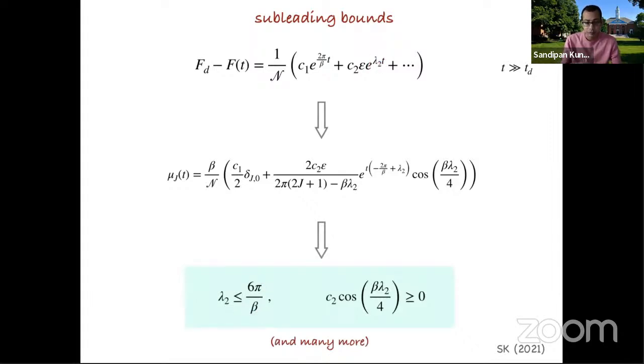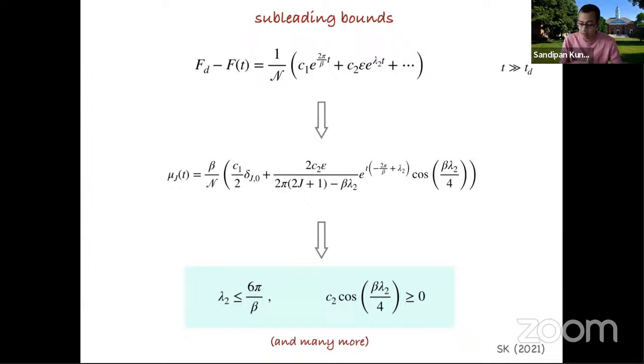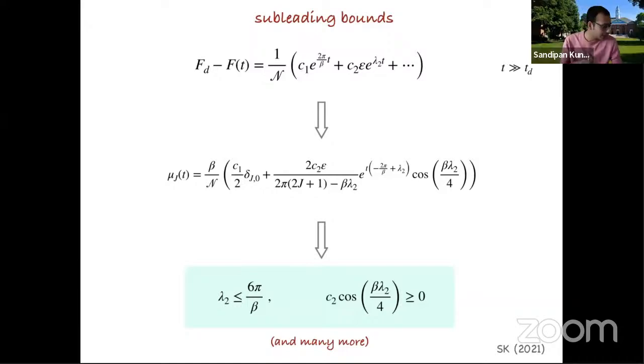Sandipan? Yes, go ahead. Question. So you said the MSS bound cannot be saturated, and you just said the first term saturates the MSS bound. Yeah, it cannot be saturated exactly. Saturating it exactly would mean that there will not be any other term like this. It will just have this first term. Well, I mean, the MSS bound is on the first term. No, it depends on how you phrase it. There is a way to write it down in terms of derivatives of the OTOC, which should be less than something else.